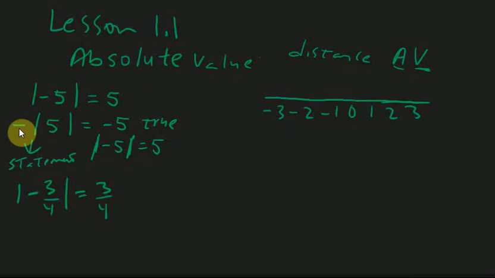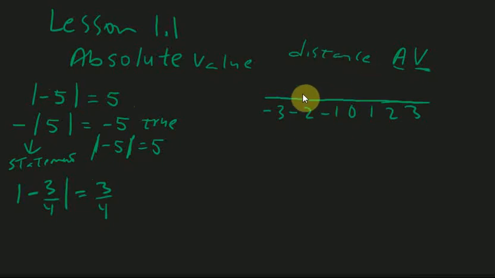But when the sign is outside, it has nothing to do with the distance we are trying to figure out. So the inside becomes 5, and the outside negative carries over, because it was outside. But when inside, it becomes positive. Any negative inside the absolute value becomes positive. If the sign is outside, you need to carry it.